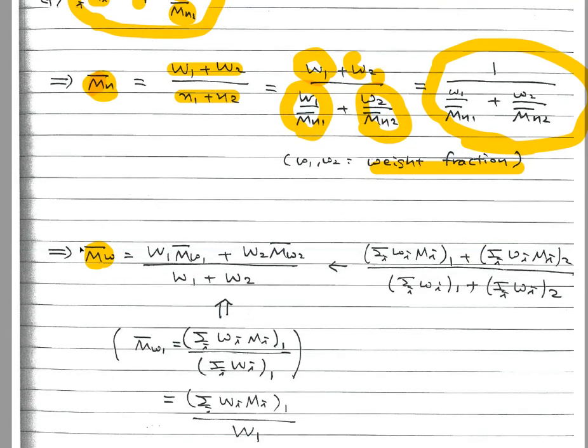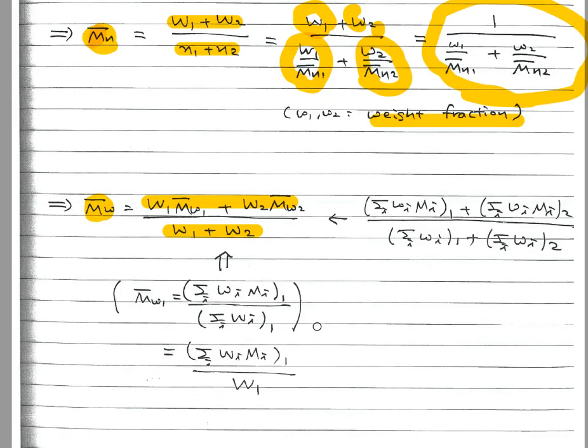Similarly, weight average molecular weight could be obtained a little bit more easily, right? The definition is shown here, right? We could easily get these relations by the definition of the weight average molecular weight of each sample, right? Weight average molecular weight is basically given by this here.